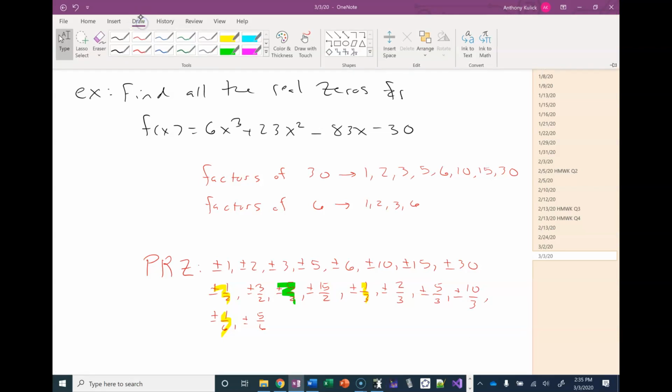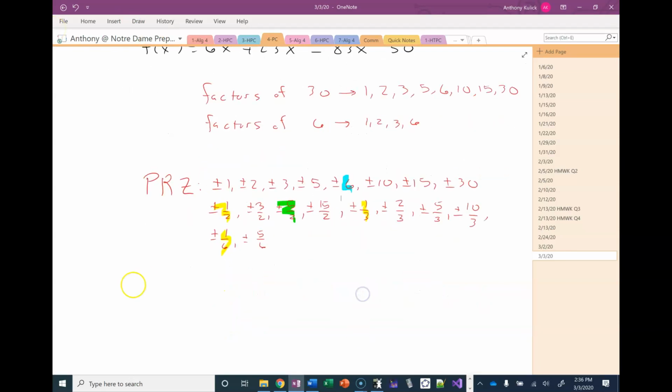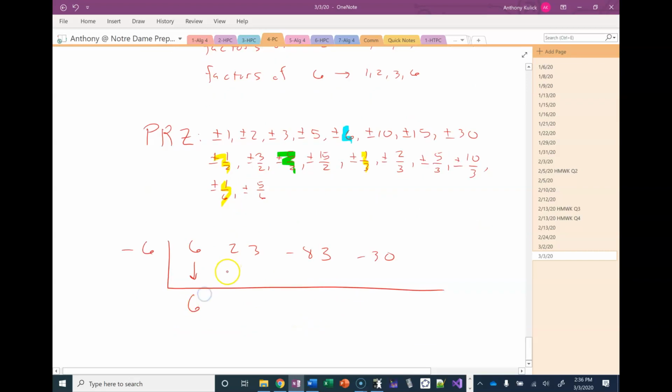If I counted, are you okay with that? So, which one of these do you want to try to do our synthetic division with? Yeah, -6 seems like the best one to start with, right? It's a whole number. That seems like that might be the easiest. So let's try that one.